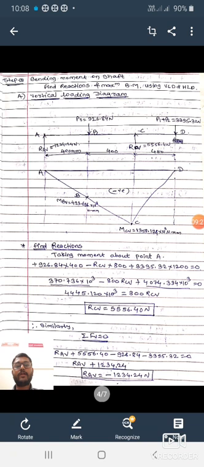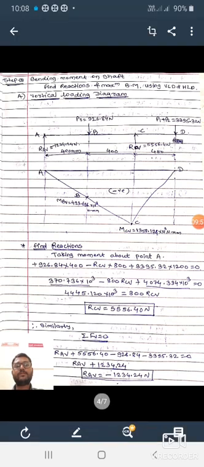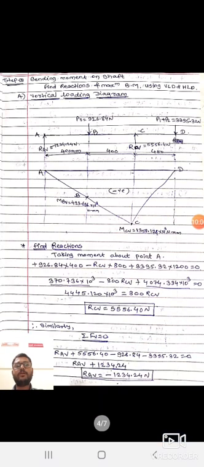The second force is RCV, the reaction we have to calculate. RCV into the perpendicular distance between points A and C, which is 800, and the sign is minus because the RCV force is acting anticlockwise about point A, plus the P1 plus P2 force, that is 3395.32 into the perpendicular distance between points A and D, here 1200, and the sign is positive because the P1 plus P2 force is acting clockwise about point A. So let us solve this equation.